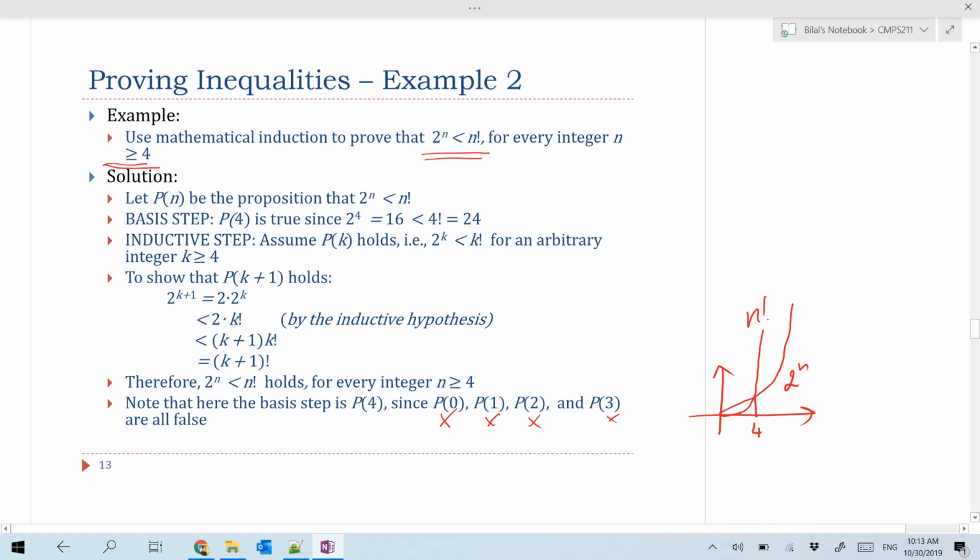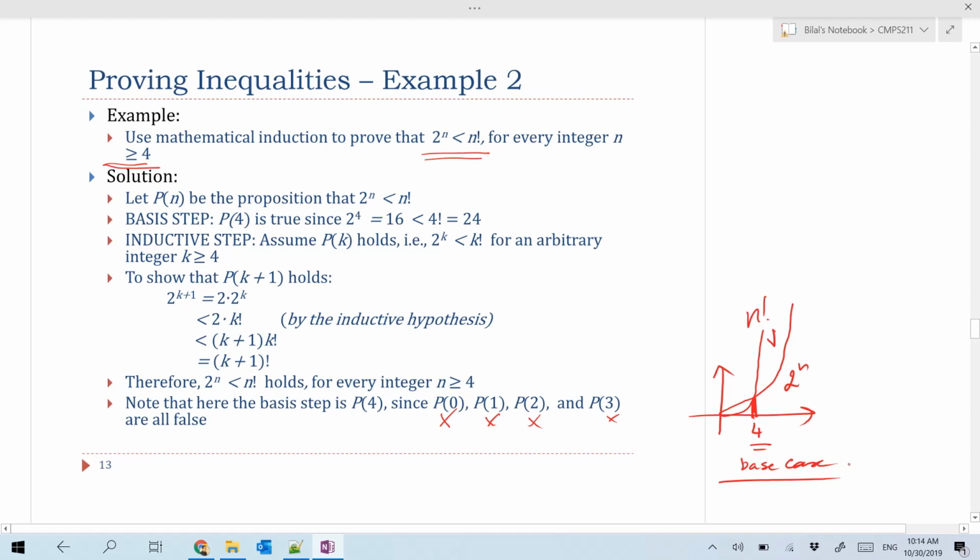So for this reason, the fact that 2 to the power n is less than factorial of n is true only starting from 4. This is a typical example where the base case is not 1. Sometimes it happens, and this is an example of this.